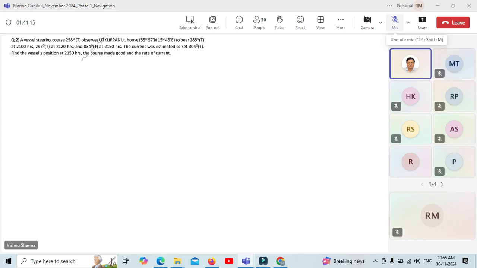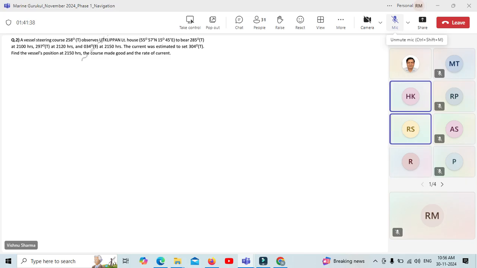A vessel steering 258 degrees true observes Utkalipan lighthouse to bear 285 degrees true at 2100 hours, 297 degrees true at 2120, and 034 degrees at 2150. Current estimated to settle 3 point. This is a 3 point bearing question, guys. Yes or no?